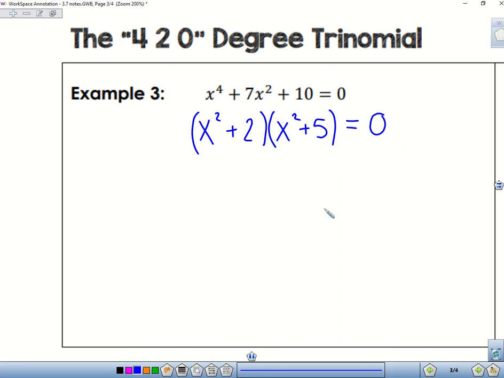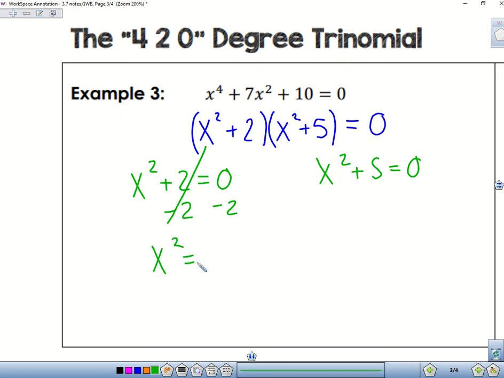And then we're at the stage where we can set each of these equal to what? 0. We subtract 2 on both sides. I get x squared is equal to negative 2. What's the next step in solving this one?